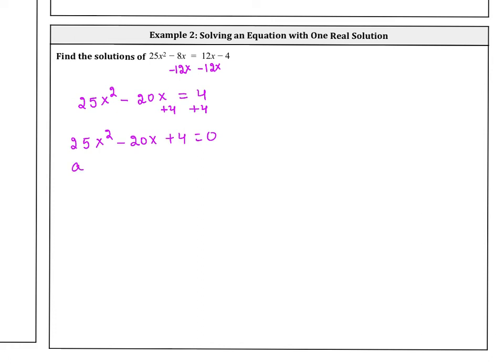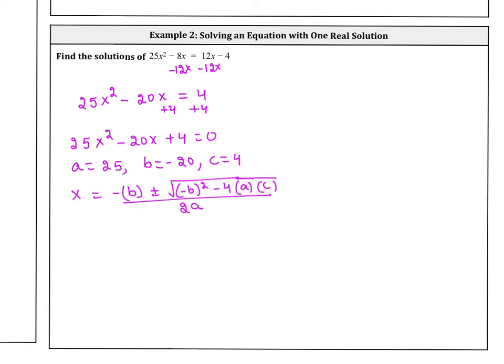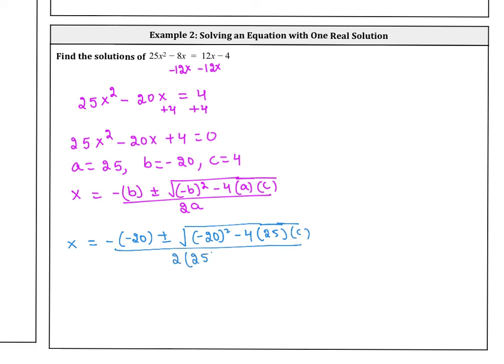Now in this case, a is 25, b is negative 20, and c is 4. So the quadratic formula is this one, and we're going to plug a, b, and c into this formula. So you get x equals negative negative 20 plus or minus the square root of negative 20 squared minus 4 times 25 times c, divided by 2 times 25.